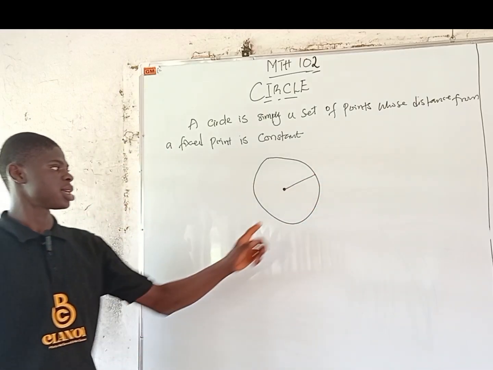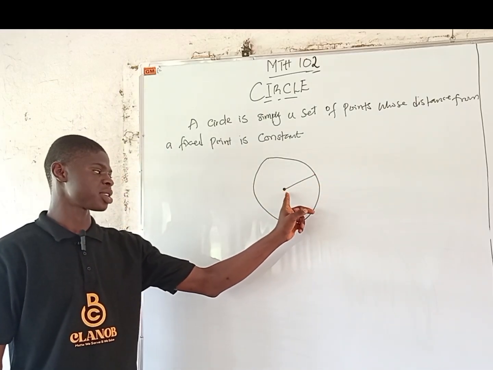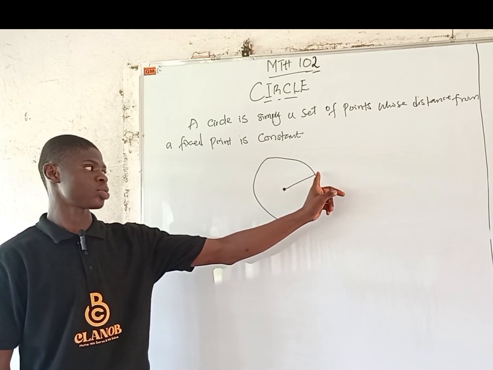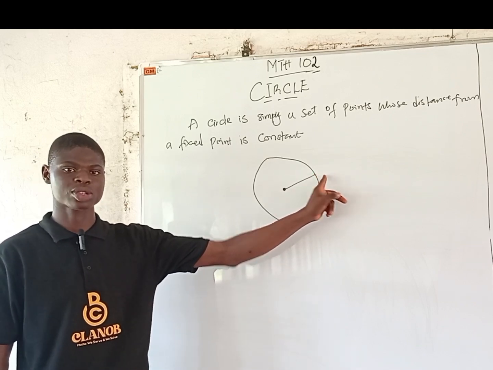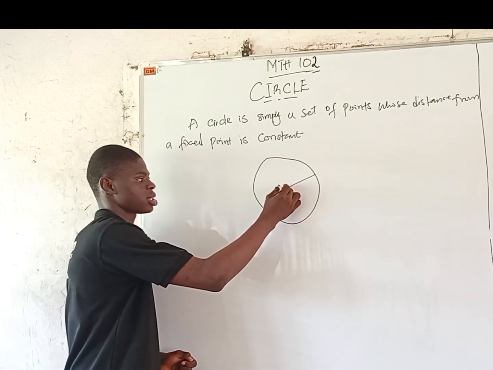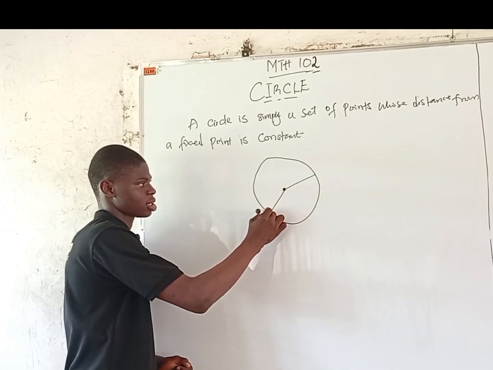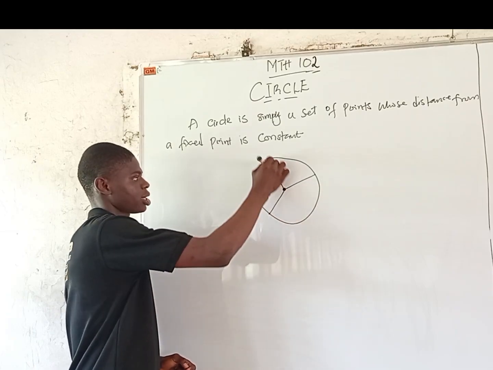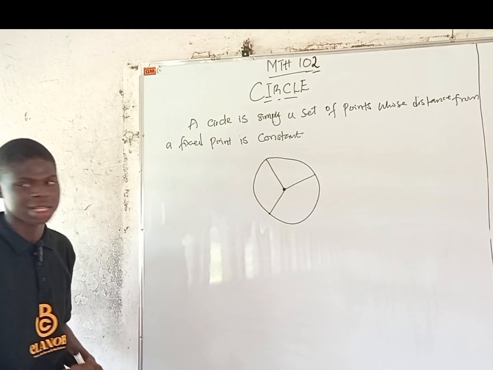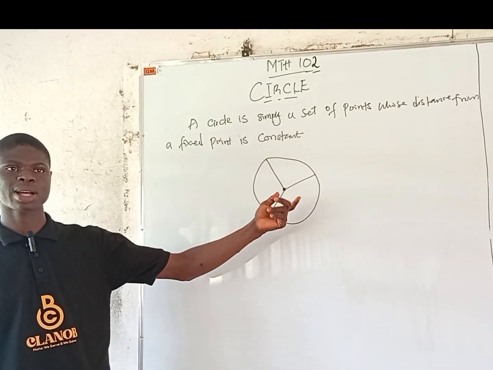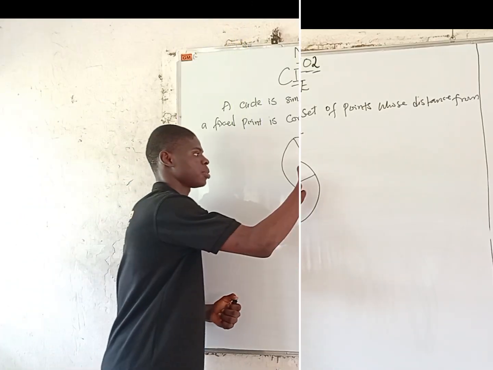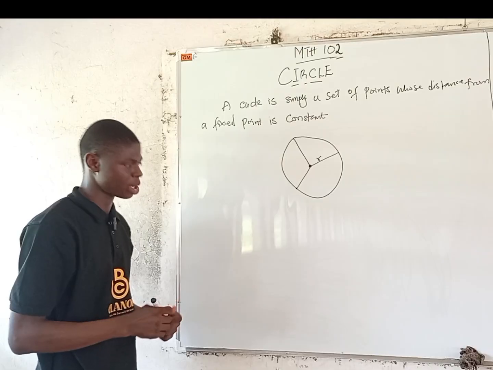This simply means the distance from the center to the circumference is always constant, implying that from this part here to this is constant. And what are these parts we are simply referring to? This part is simply the radius, right? Simply the radius of a cycle, which we present to be half.